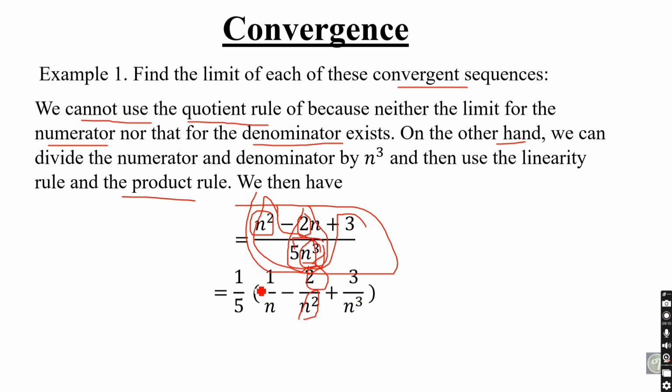So we have 1 over 5 as a common term for all of these simplified forms of the limit.